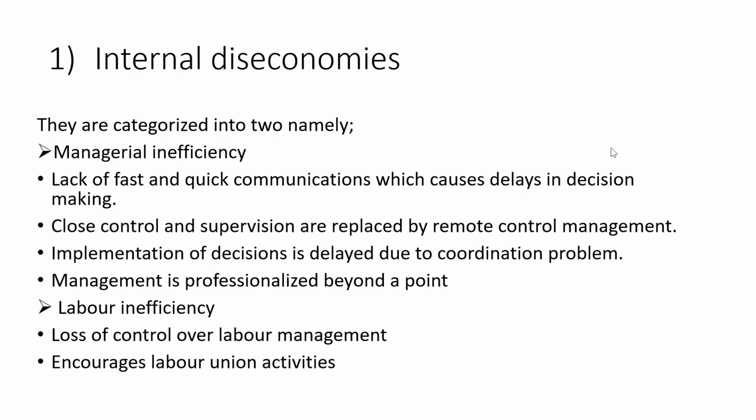Under labor inefficiency, increasing the number of labor leads to a loss of control over labor management. So lack of labor control affects production very much. So we have that an increase in the number of workers also leads to labor union activities.